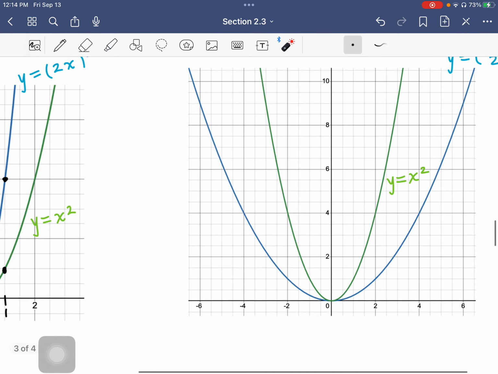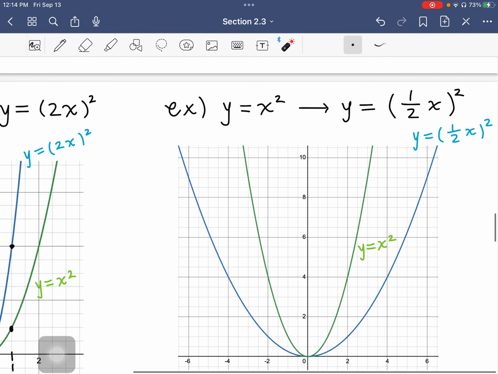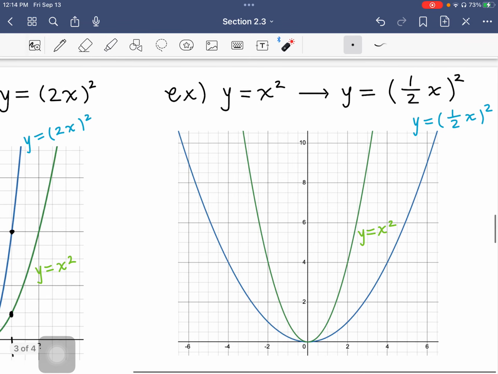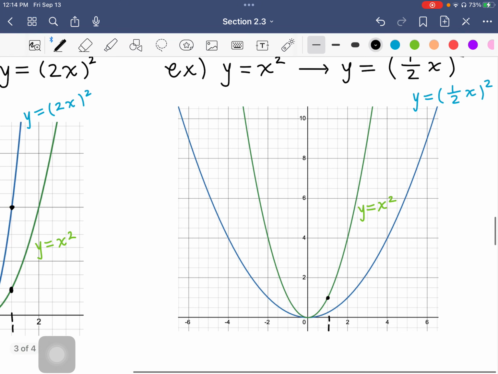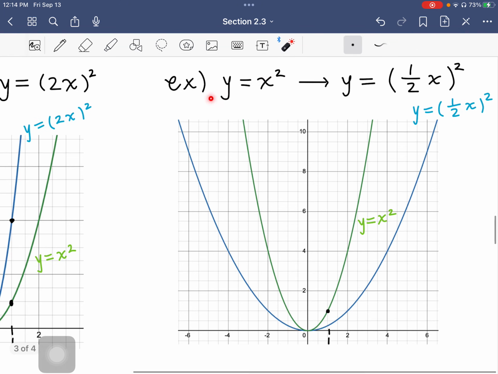Now for this example, our c factor is 1/2, so it's in between 0 and 1, so we know that this is going to be a horizontal stretching. Again, looking at x equal to 1, our output is just going to be 1 in our original function. But if we plug it into our horizontally stretched function, we plug in 1 and get 1/2 times 1, which is just 1/2, and then 1/2 squared.